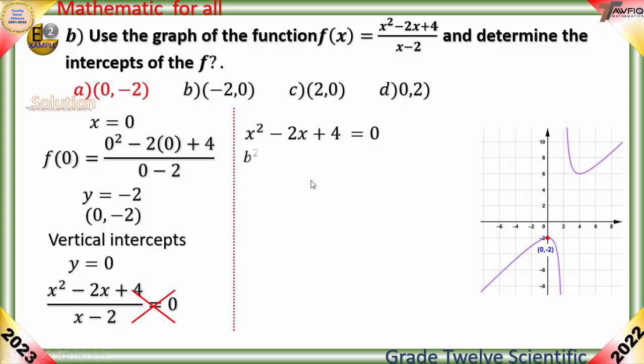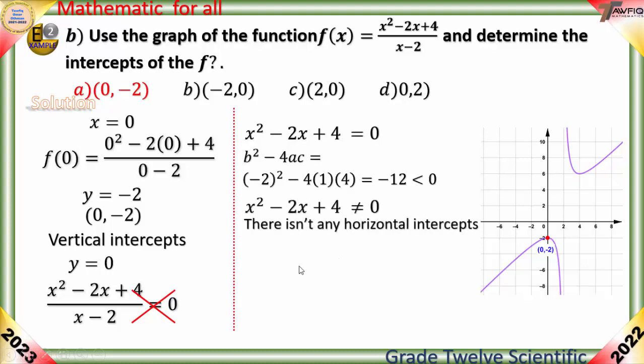And now, using the rule b squared minus 4ac, where b is minus 2, a is 1 and c is 4, minus 2 squared minus 4 times 1 times 4 is equal to minus 12, less than 0. That means this equation has no solution, so there isn't any horizontal intercept.